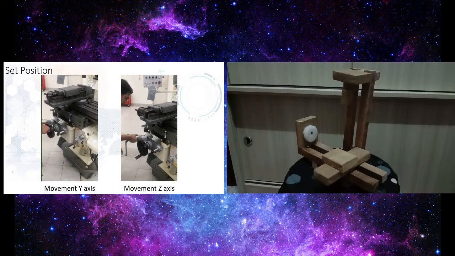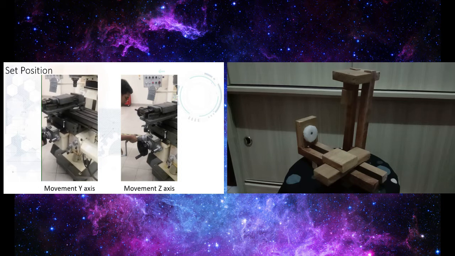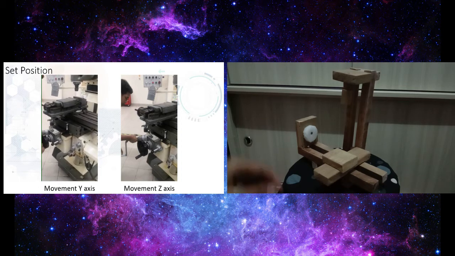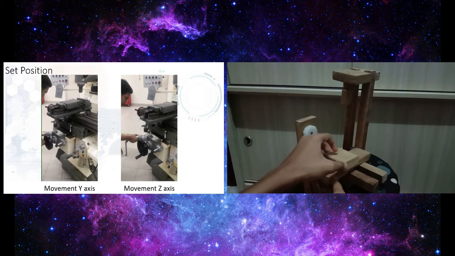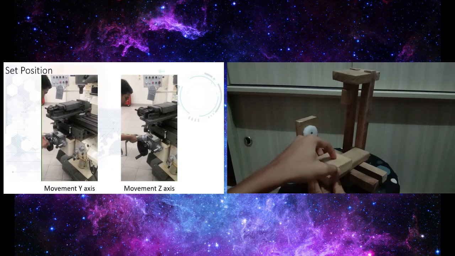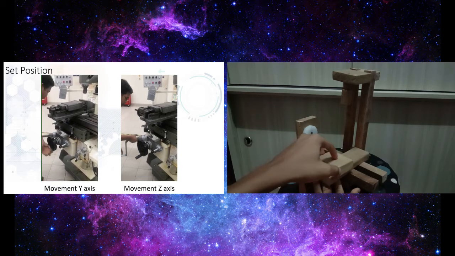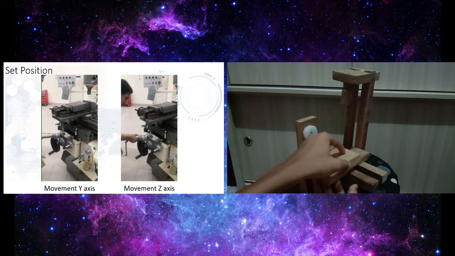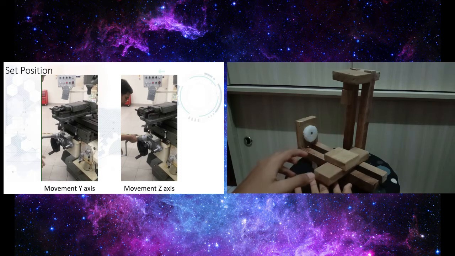For the Y axis, we will follow the lecturer's video. So the movement will be like this. And for the Z axis, we will follow the workshop video that was given by the lecturer too.